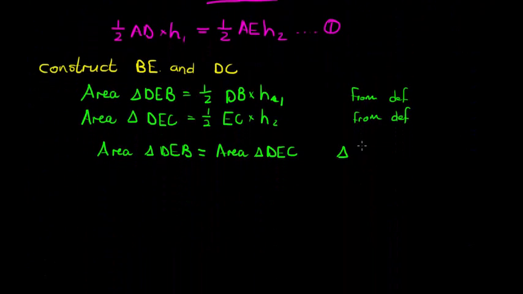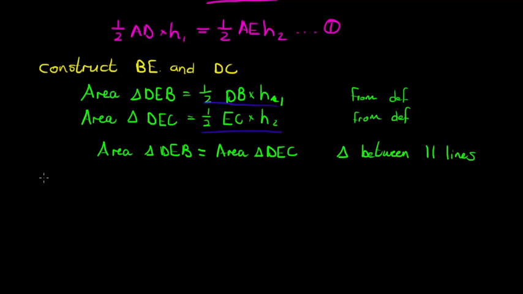So, triangles between parallel lines. We know that the areas of triangles between parallel lines are equal, and for that same reason, they share the same base and they have the same perpendicular height. But that then means that these two sides are also equal.